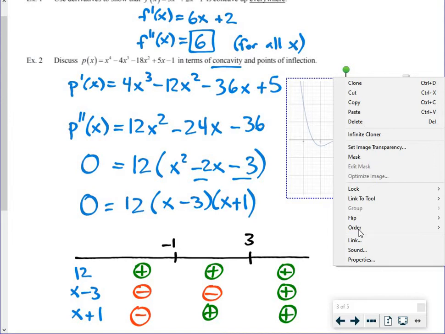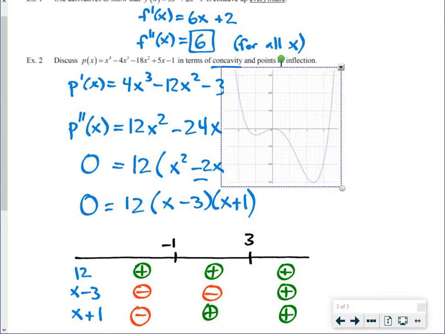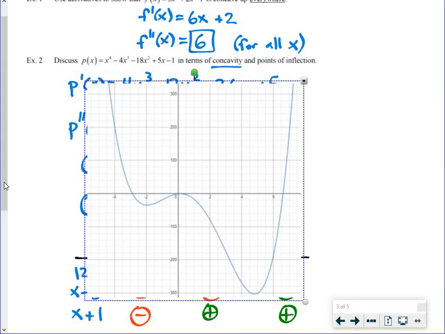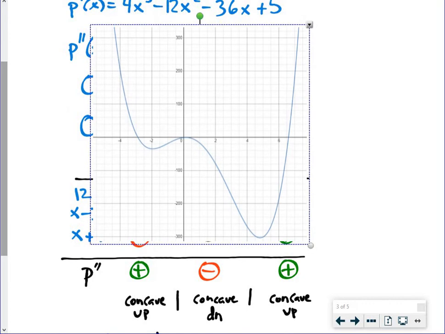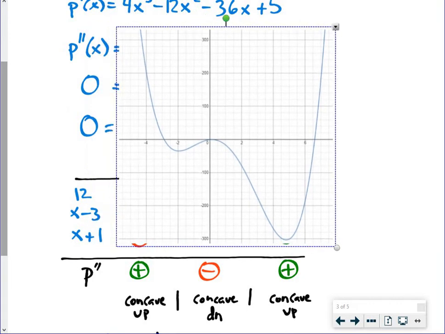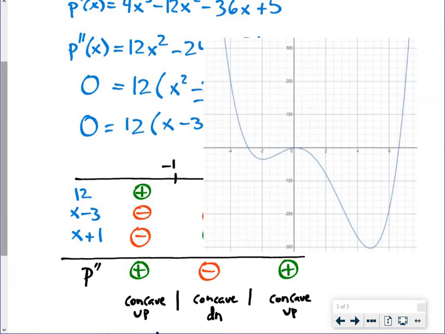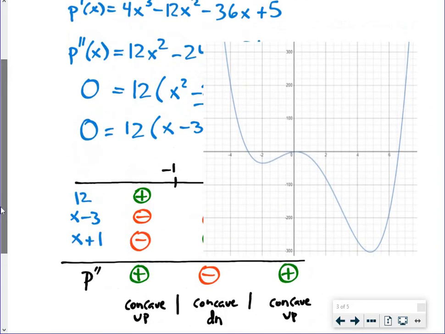Blue to front. Let's have a look. So compare to what we have written. Concave up from negative infinity to negative 1. Is that what I wrote? Yeah, okay, cool.